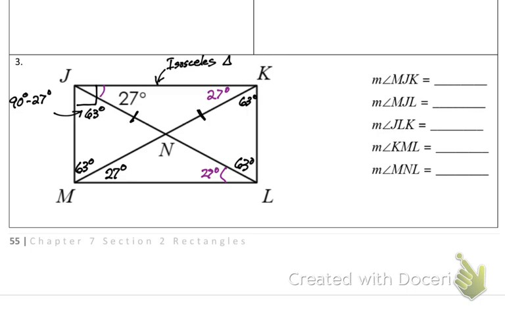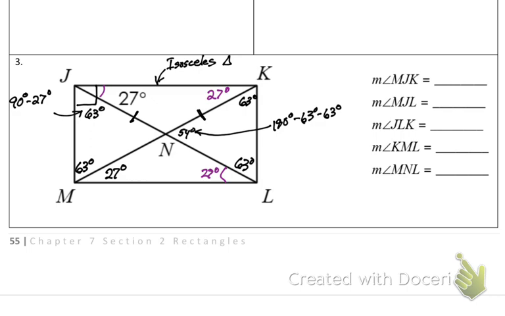I'll do 180 minus 63 minus 63. What is the measure of that angle? 54 degrees. All right, that's 54 degrees.